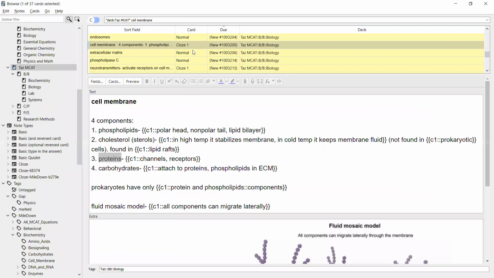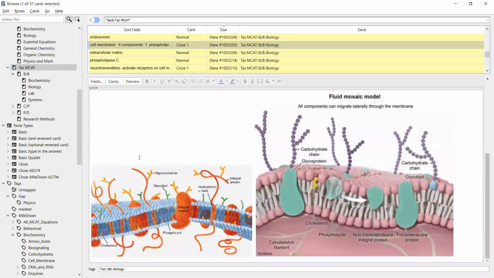So let me see if I can find a good picture of that. This right here is an integral protein because it is buried, integrated into the plasma membrane. You can also call that a transmembrane protein.